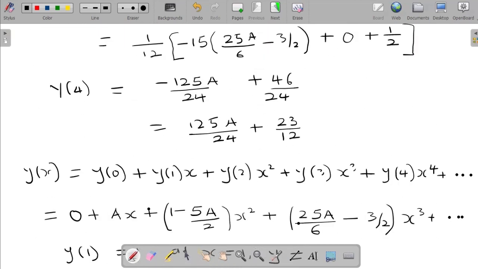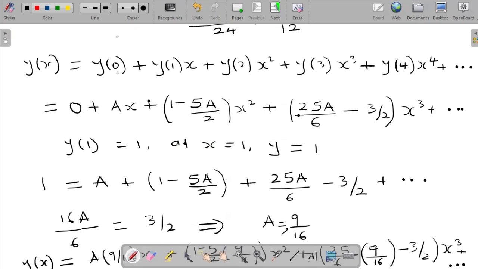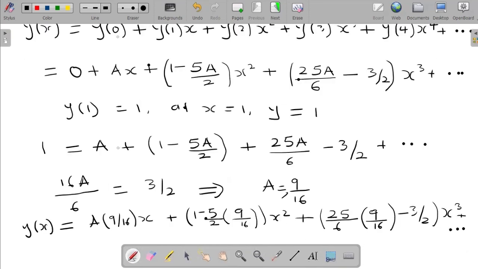So the more terms we obtain, the better our series solution, or the closer it will converge to the exact solution. That's why it is necessary to obtain more terms as we are solving the differential equation. Thank you.